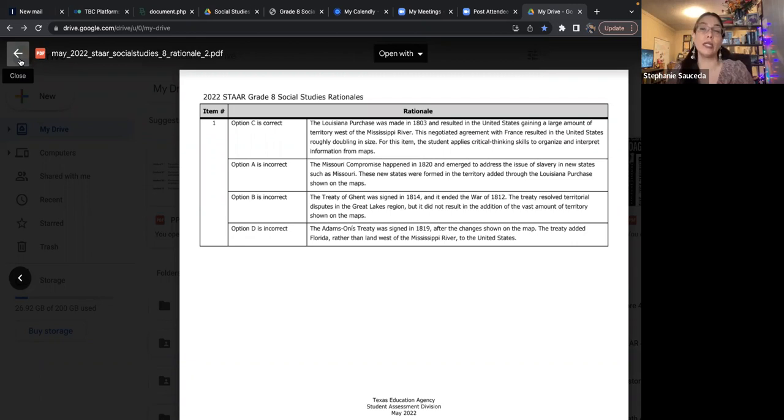We need to give them the reading tools in order to be able to, and there's a lot of overlap with social studies and ELAR as far as the strategies that you guys can use to help your students be self-aware of the things that they're reading, be able to understand it, like do the same checking for understanding techniques that we do in our reading passages in yours.